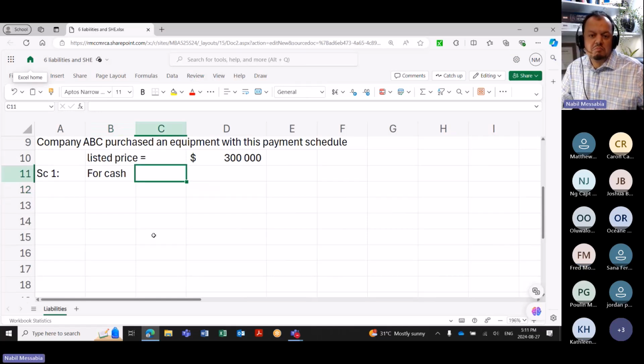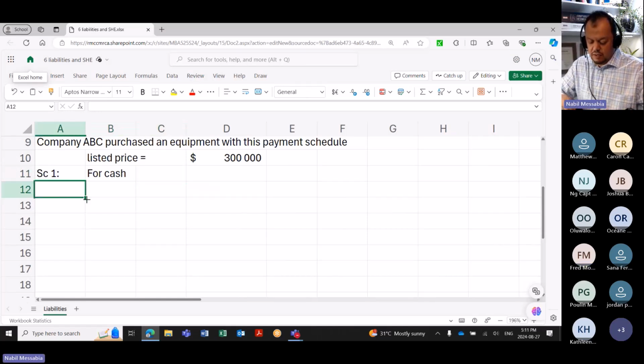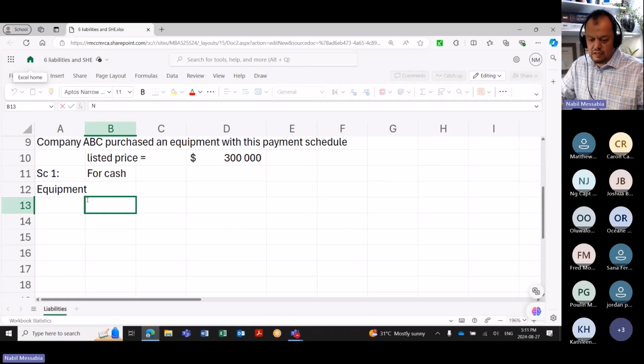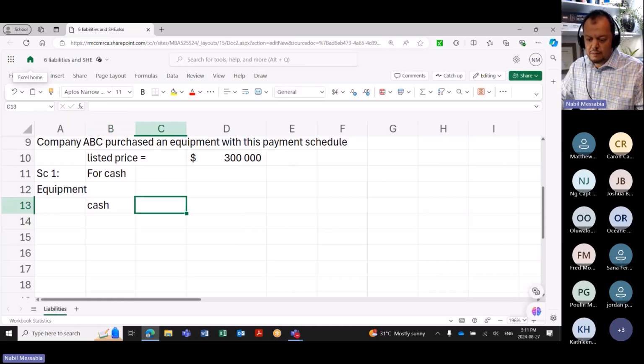So if they say purchased for cash, that is obvious, easy. So debit equipment, credit, notes payable, for example, no, sorry, cash, for the listed price. That's easy, okay, obvious.